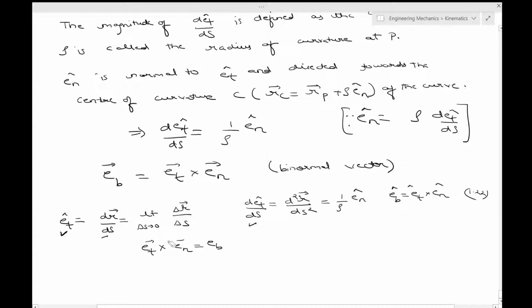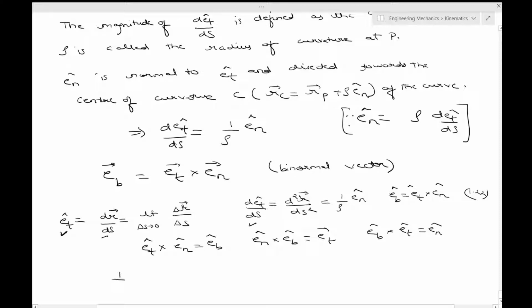It's just that I am so used to a hat that I have to make them wear a hat. And then En cross EB would be equal to Et. This is a standard triad relationship.